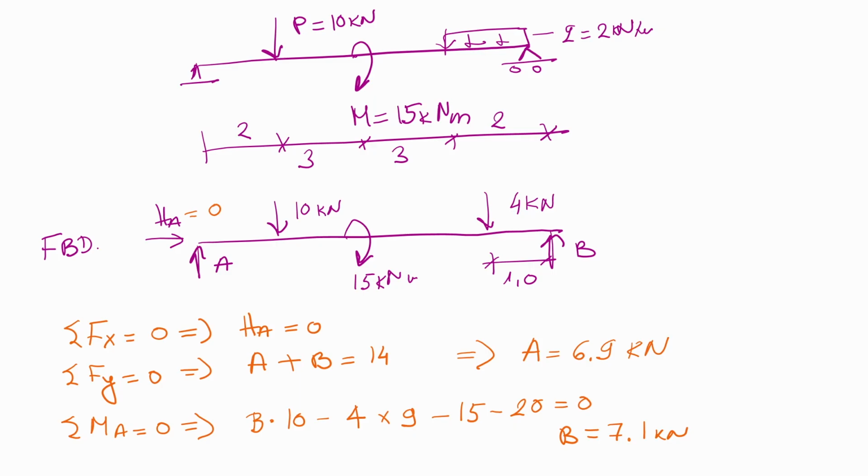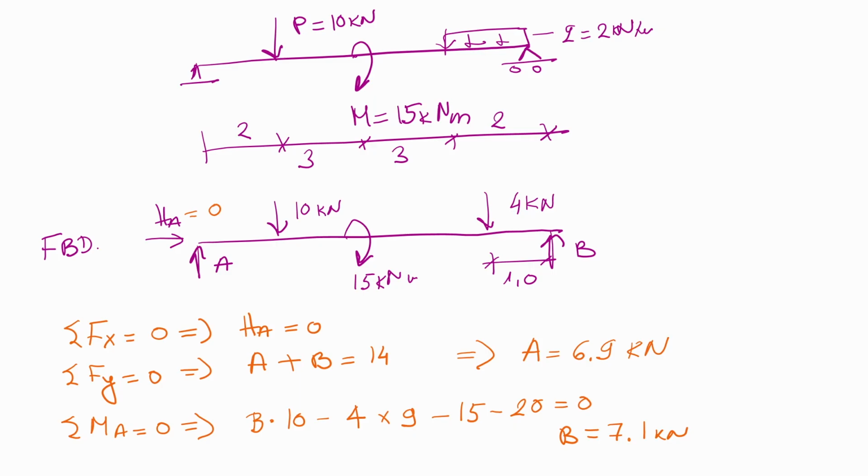So we will have reaction from the roller B times 10, minus the 4 kilonewton force times the distance, which in this case will be 9, minus the moment, which is 15 kilonewton meter, and minus 10 times 2 from the force, which is minus 20. Solving this equation, you will get that your reaction B is equal to 7.1 kilonewton.